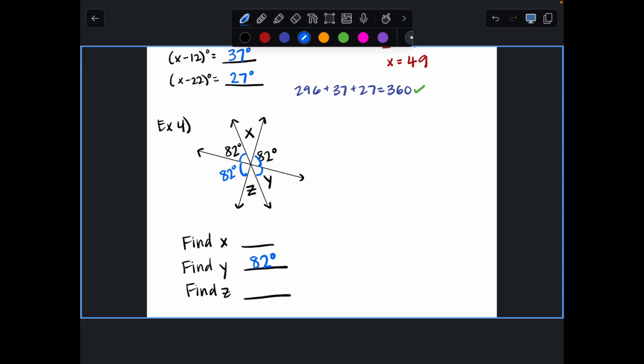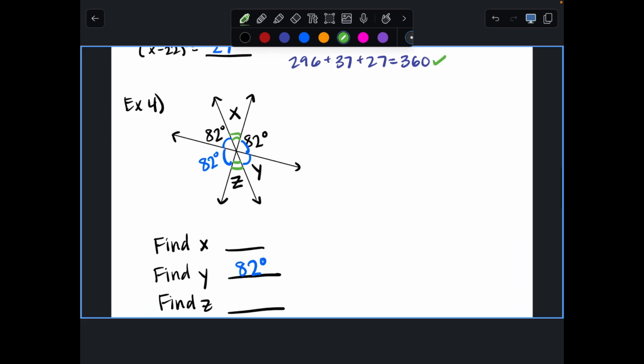So now we just need X and Z, and we know that they are equal to each other because they are vertical angles. Yes, Y is 82 because it's across from that 82.